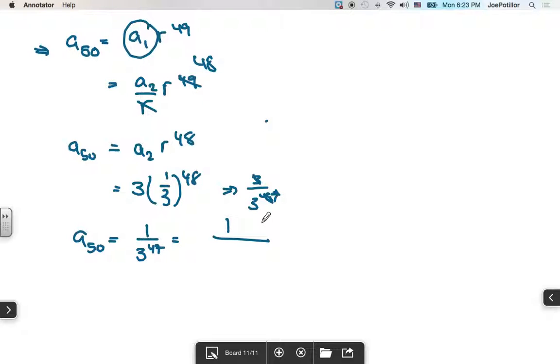And we'll use scientific notation. It's 2.66 times 10 to the negative 22, which is really a small number.